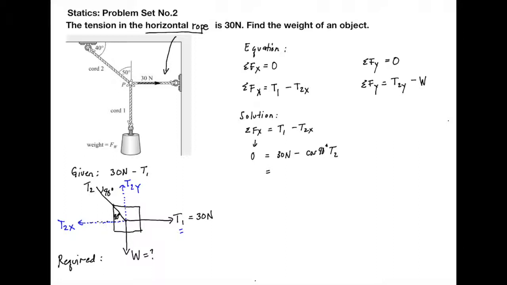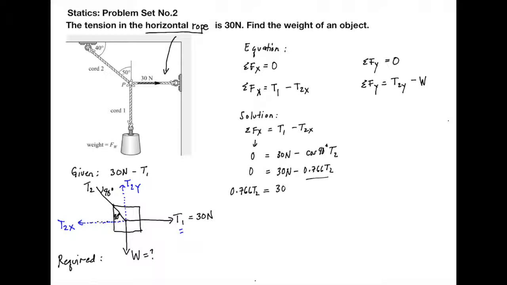Solving this, we have 30 Newton minus 0.766 of the T2, and then transposing this 0.766 T2 on the other side, that would become positive.